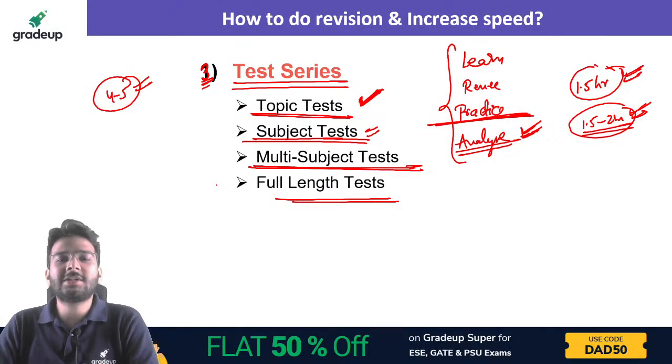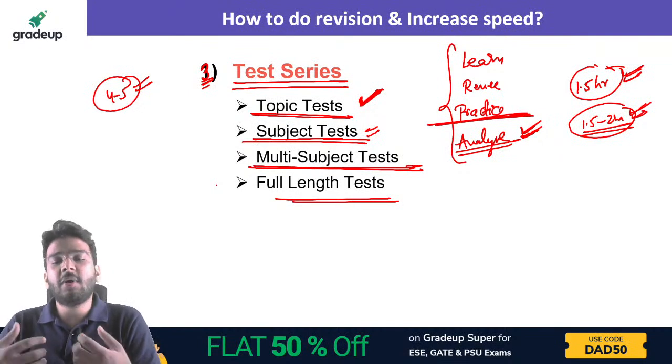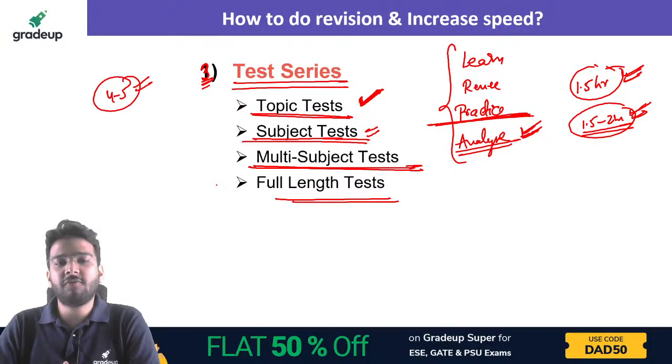If not strong, just make it above average, above moderate level, so that you will be able to attempt easy to moderate questions easily. So pick that subject and revise in this manner. You have to follow this strategy. You can make your own strategy, but yes, from my experience, I'm sharing this strategy with you. So definitely you should follow this and you will be getting the result, definitely.